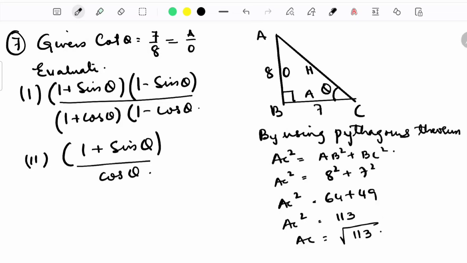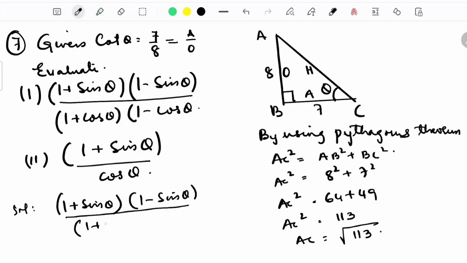Now we have to find out the first one. 1 plus sin theta into 1 minus sin theta divided by 1 plus cos theta into 1 minus cos theta.